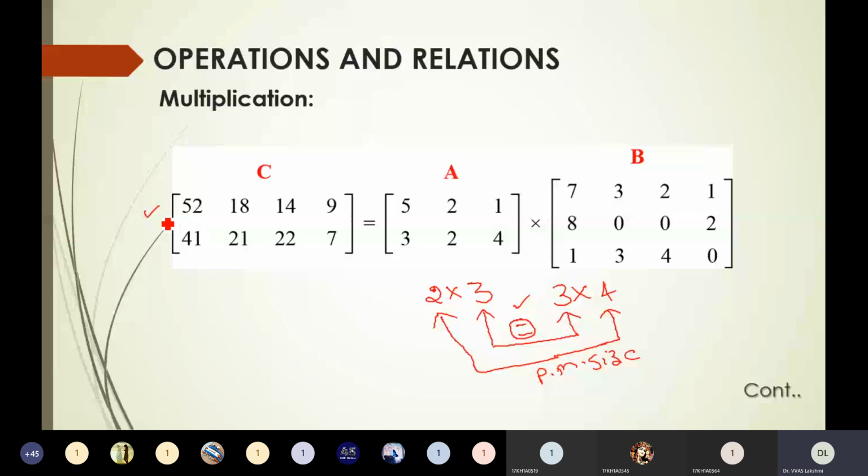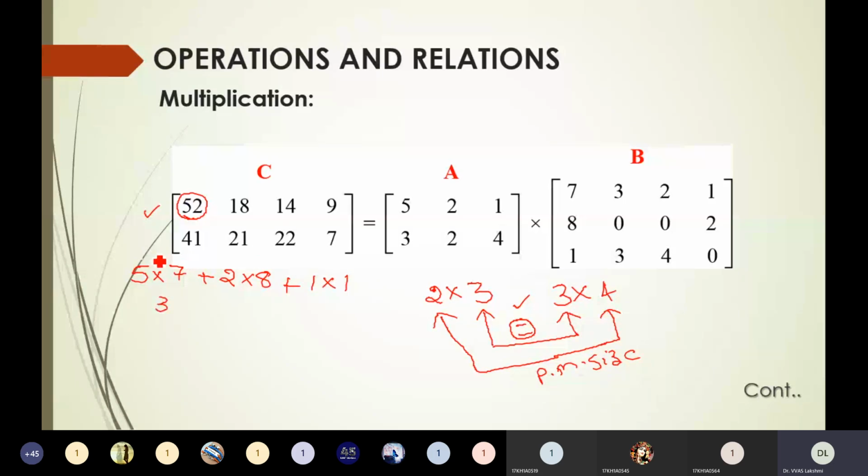So how to calculate the first one? How to obtain this element? First row, first column: 5 into 7, plus 2 into 8, plus 1 into 1.